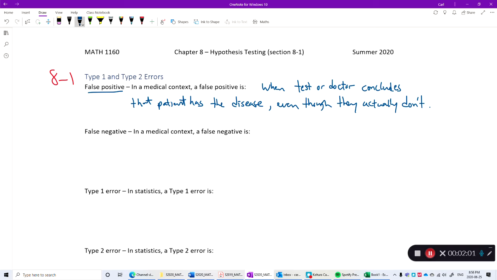Okay. Now, what's a false negative? A false negative is when the doctor says you don't have it, but you actually do. That's probably worse, right? You know you're fine, you're healthy, but you actually do have the disease. You just don't realize it.